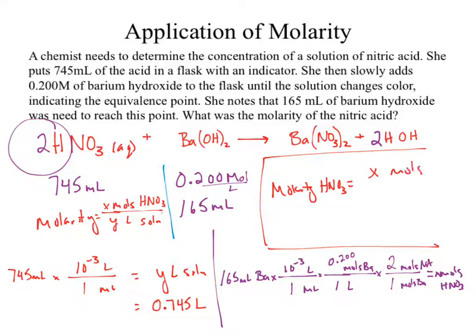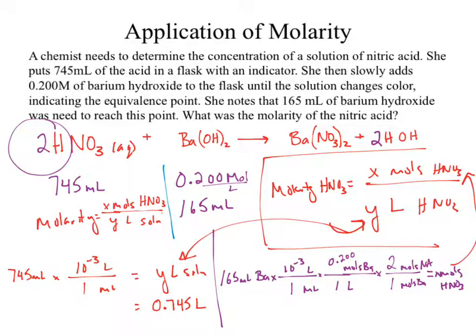Take our X moles of nitric acid, which we solved for from here, and we will divide that by our Y liters of our nitric acid, which we got over here. Okay. Questions?